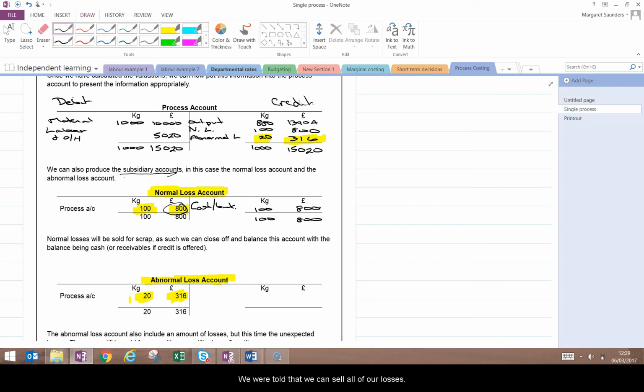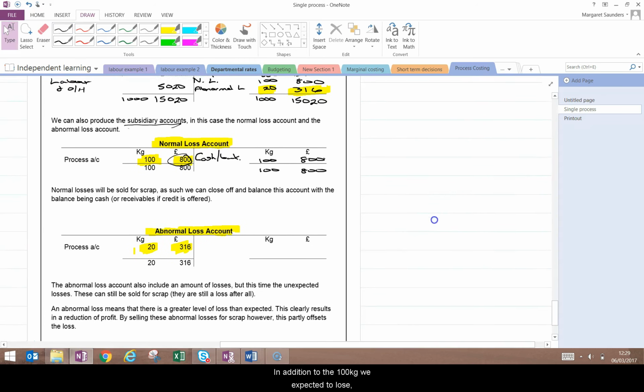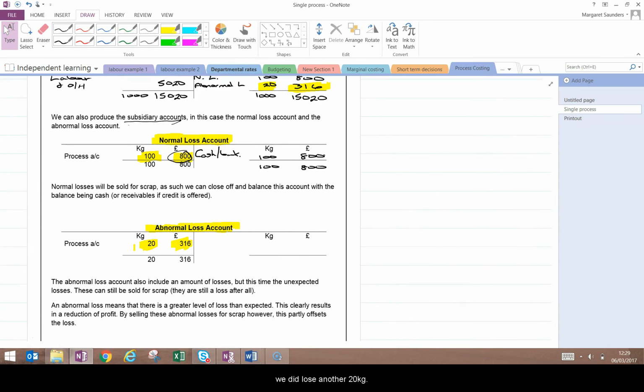Now we were told that we can sell all of our losses. So in addition to the 100 kilos we expected to lose, we did lose another 20 kilos. So this can also be sold for scrap. If you think about our chocolate example, we expected to get 100 kilos of misshapen chocolates, but for some reason we got an extra 20 kilos of misshapen chocolates that we didn't expect.